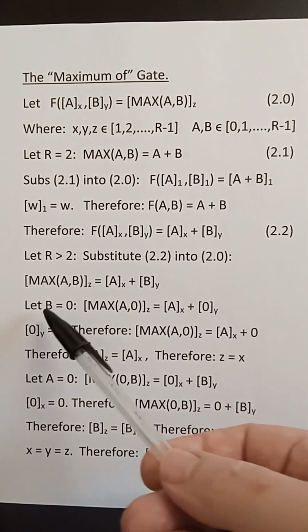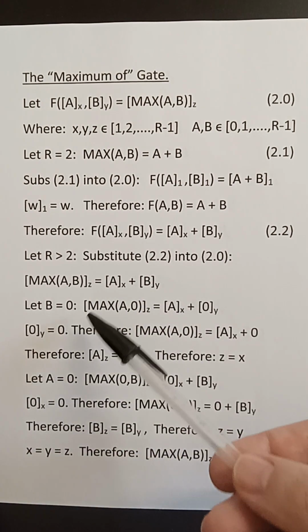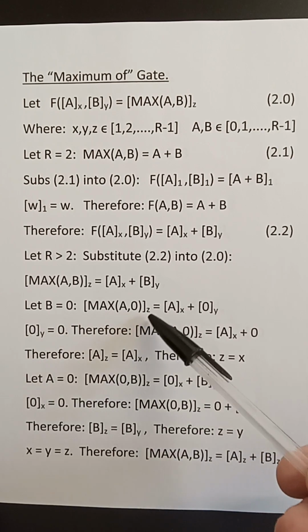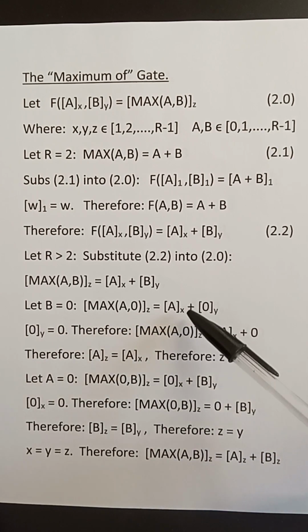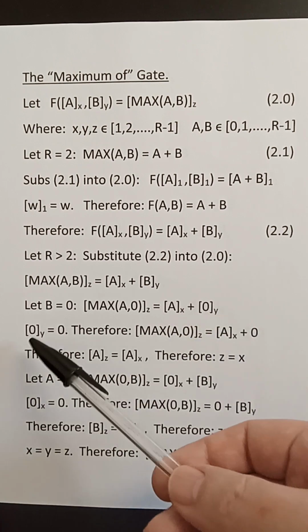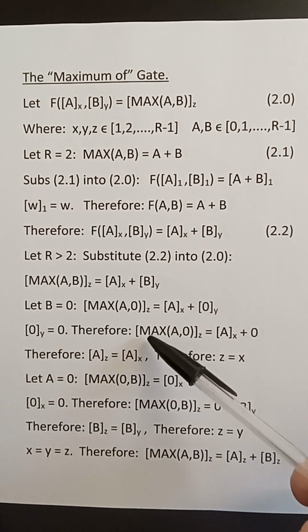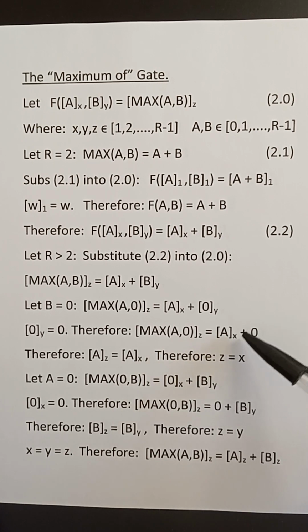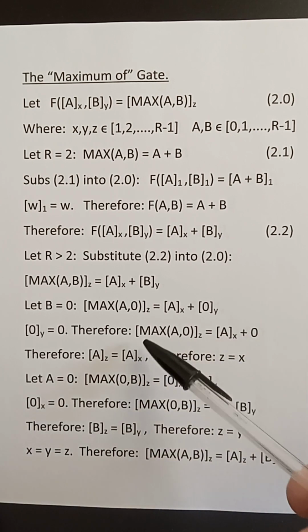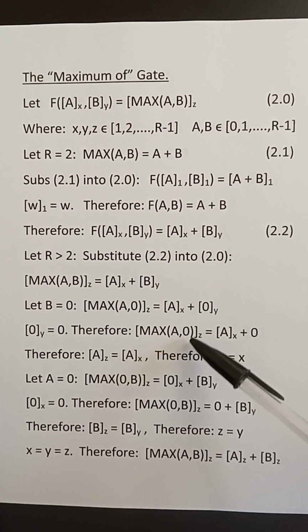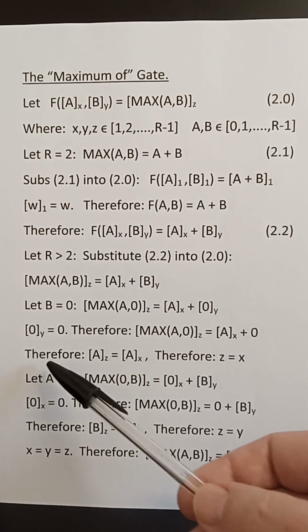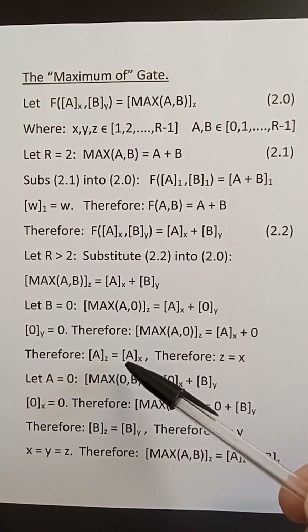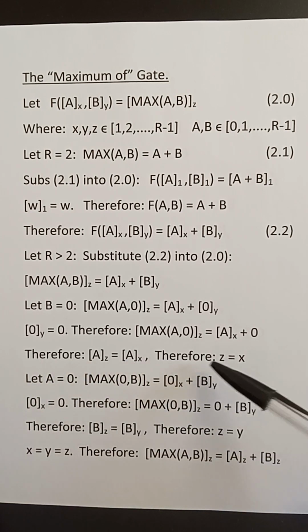Now we let b equals 0, so max(a,0)^z equals a^x or 0^y. 0^y equals 0, therefore max(a,0)^z equals a^x or 0, and a^x or 0 equals a^x. Therefore we conclude that a^z equals a^x, therefore z equals x.